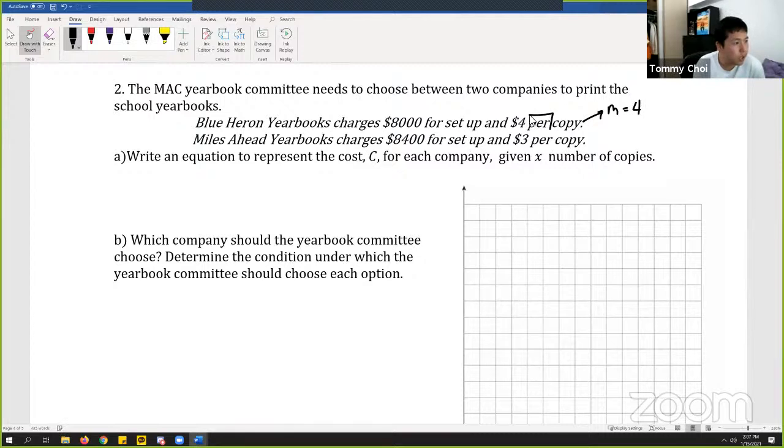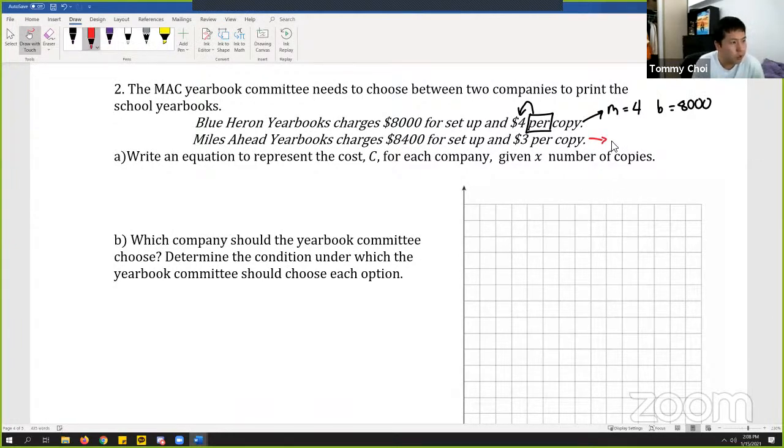And the reason you know that is we see the word per, which means the number related to that is almost always the slope, the rate of change, right? We're looking for that keyword. So 4 is the slope. What's our y-intercept if it is given to us? 8,000, bingo. It says our setup is 8,000, which is our initial value. So this is definitely our B value.